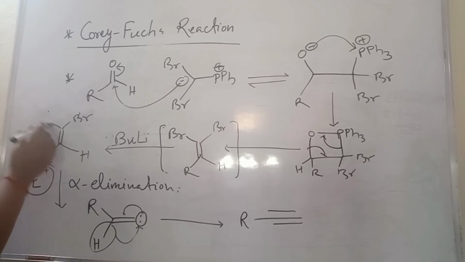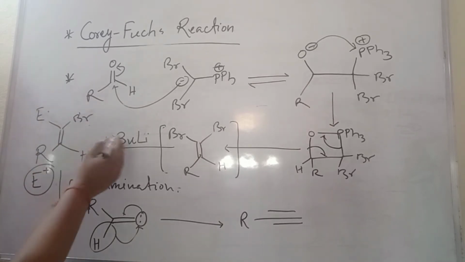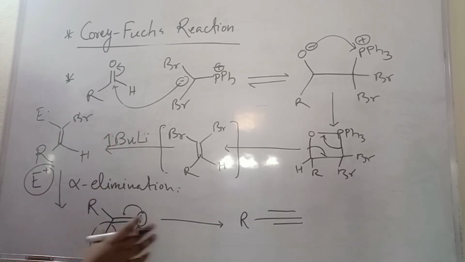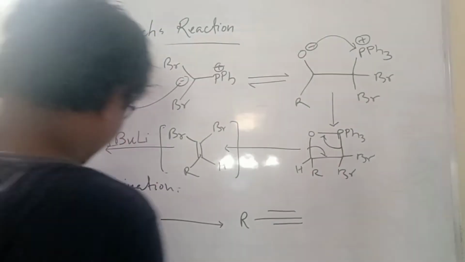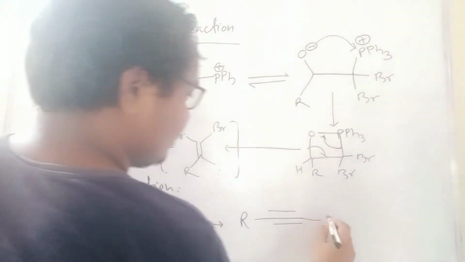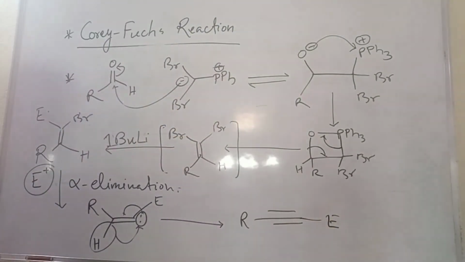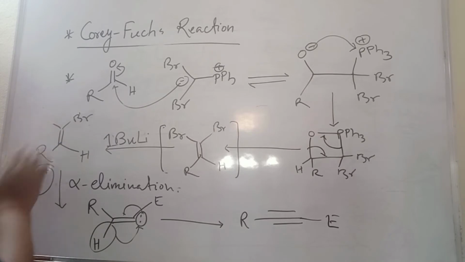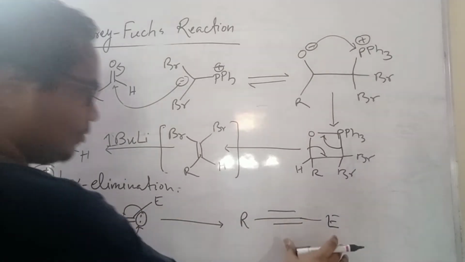An electrophile will come, and here bromo, then another equivalent of butyl lithium you use, and you have to get this type of reaction. Previously one electrophile, and now one electrophile will come. Understood? If you use an electrophile in this step, in this lithium, you get electrophilic substitution and finally get this type of product.